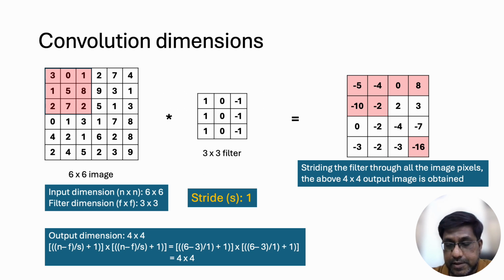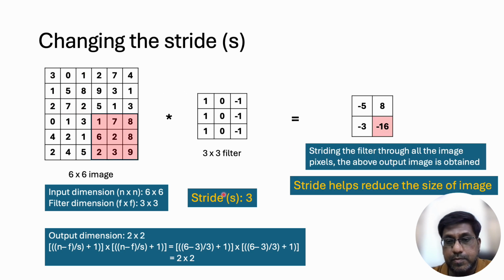Similarly, if we increase the size of the stride, then we get a much smaller dimension for the outputs. For the same input dimensions of 6x6 and the same filter size of 3x3, when we increase the stride value for the window from 1 to 3, the dimension of the output is now 2x2 instead of 4x4. So we see that increasing the stride value helps in reducing the size of the image.